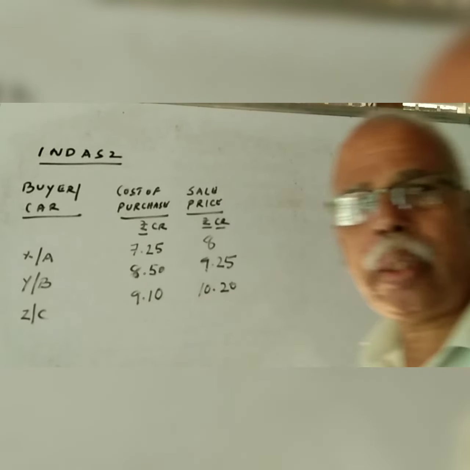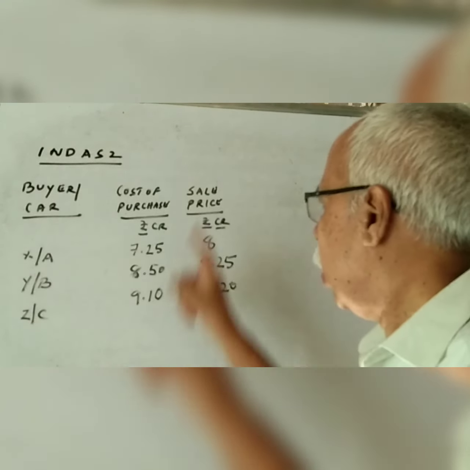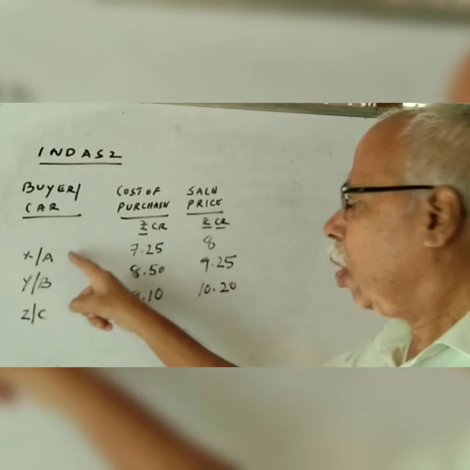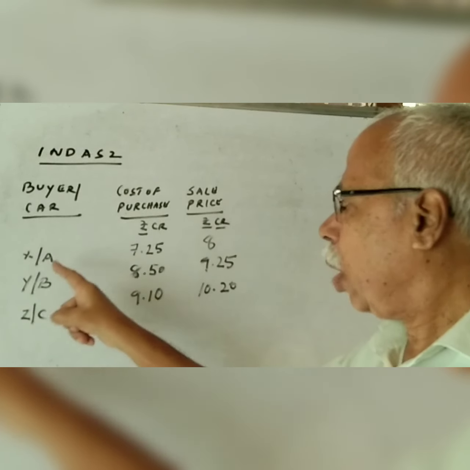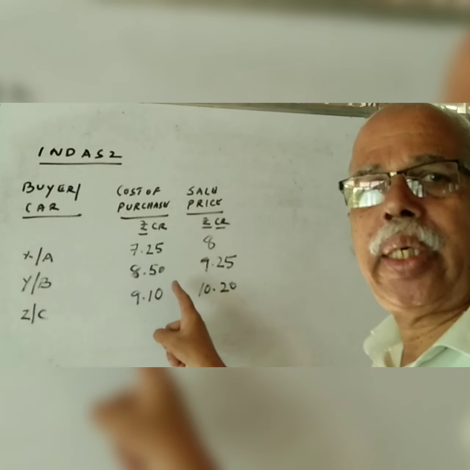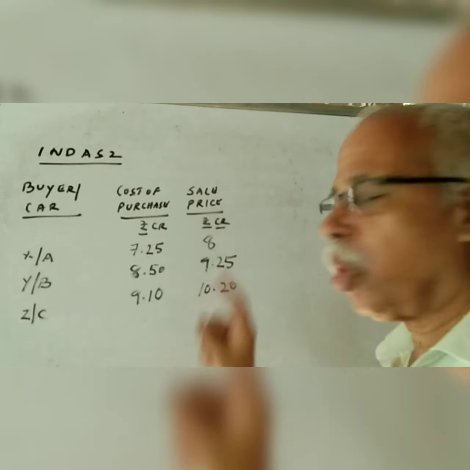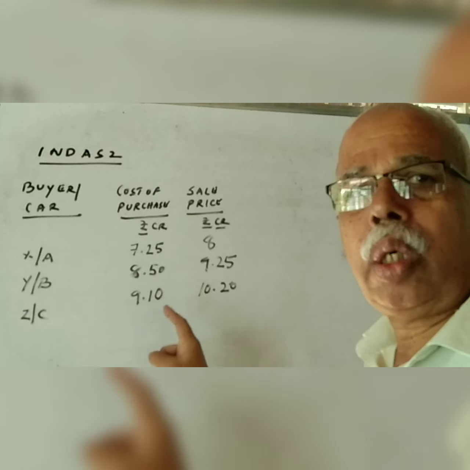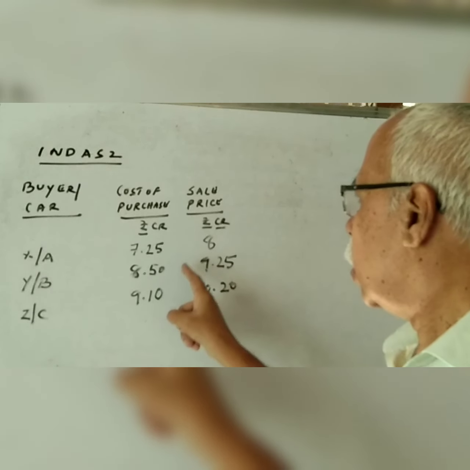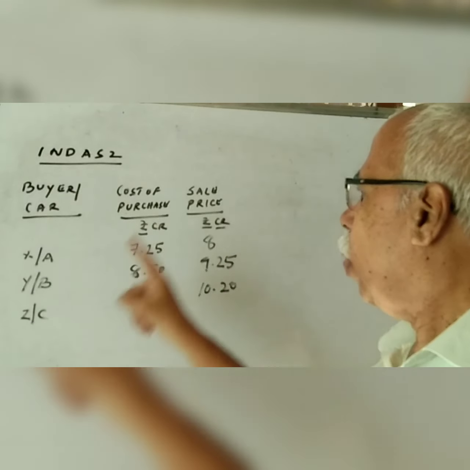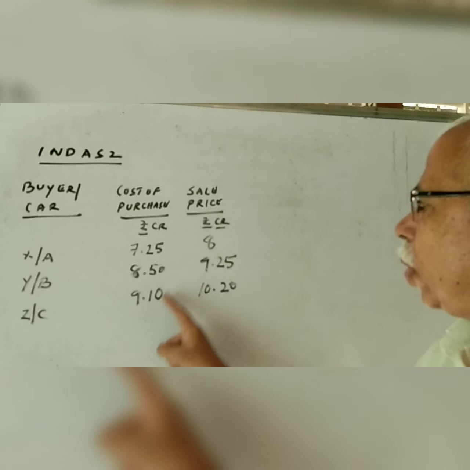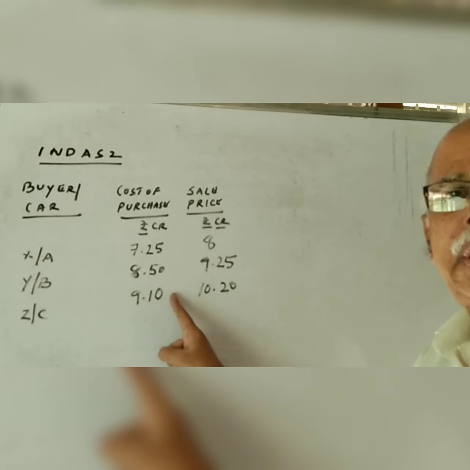If we adopt the first in, first out method we have to show 7.25, which is not correct, which is the cost of the car ordered by X. We cannot use the weighted average method either, because that will also show a wrong purchase price amount. So in such cases where the cost of purchase can be traced to a product, this is the best method to be applied.